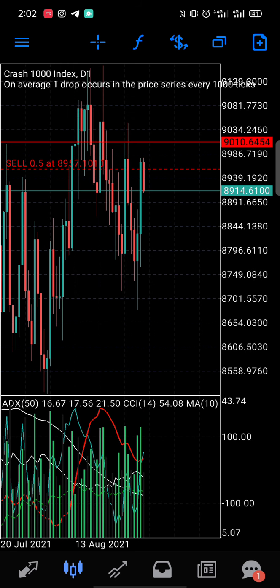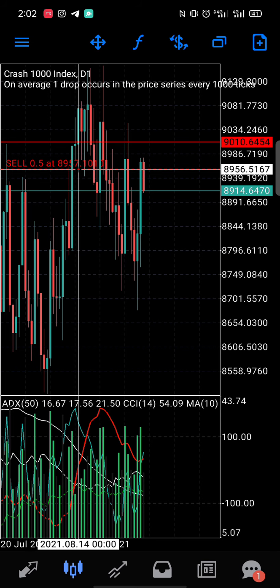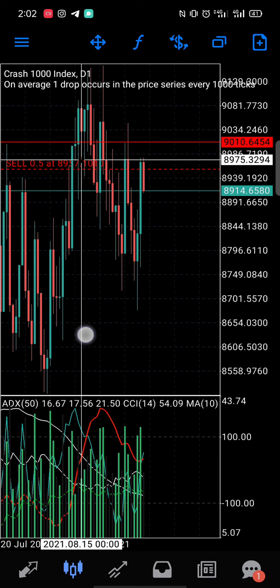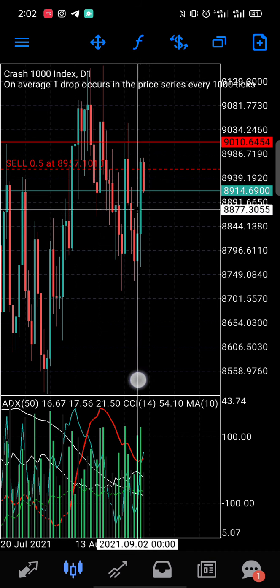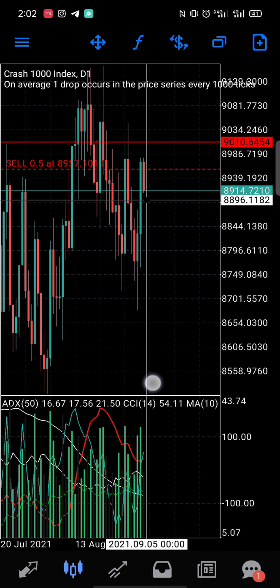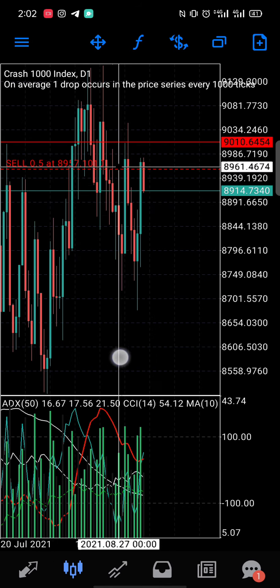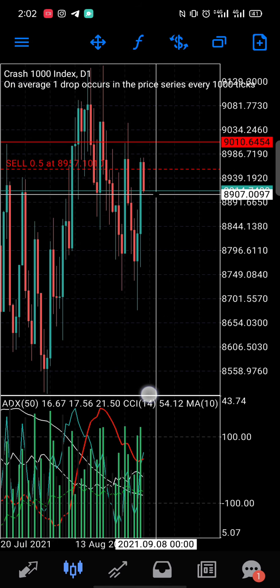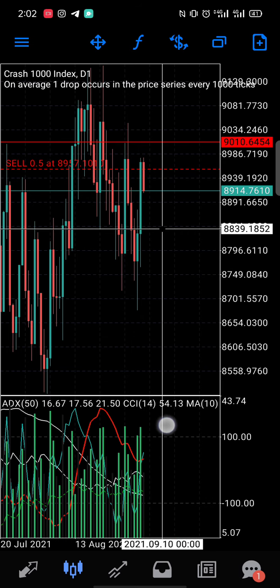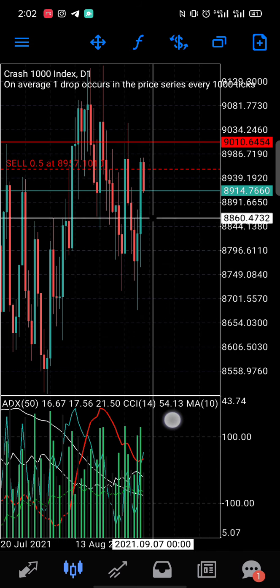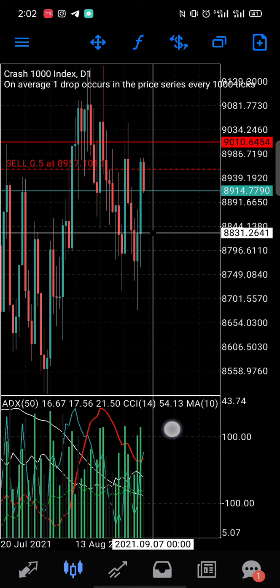I analyze this market using the daily time frame, guys. I'm keeping this market for the whole of today because crash 1000 is going to sell for the whole of the day. So crash 1000 is expected to sell to this point, probably by the next day it's expected to sell to this point.